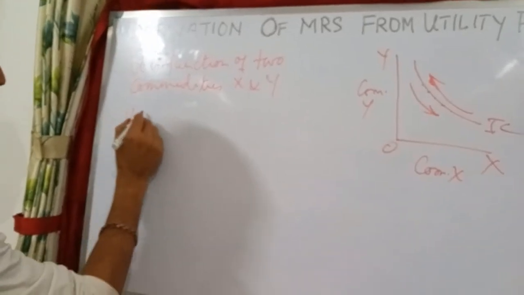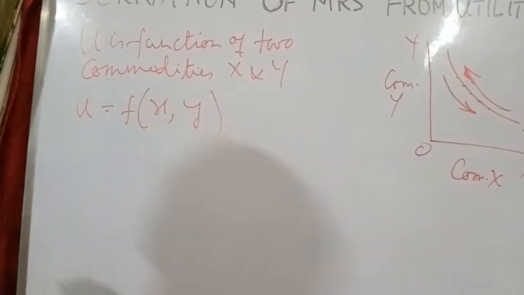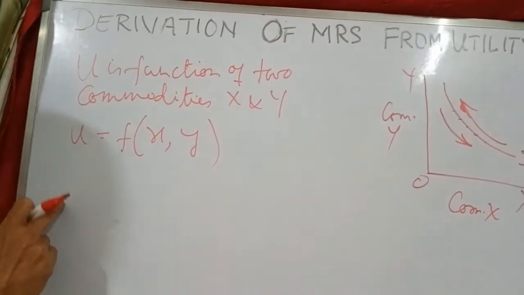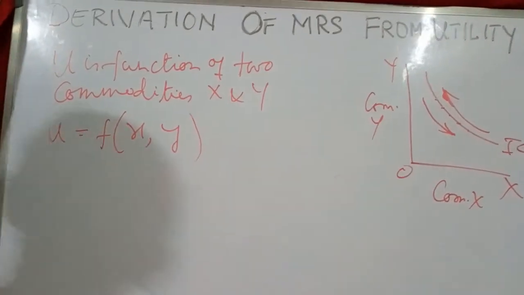The utility function is U equal to F(X, Y). Now the total derivative of U would be 0 because there is no change in utility.